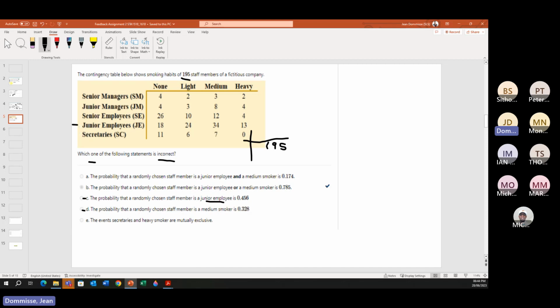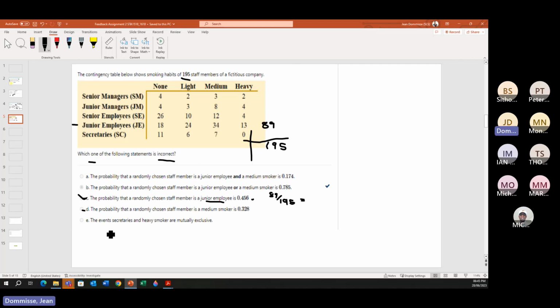So for junior employees we need to add those together: 18 plus 24 plus 34 plus 13, so 89 of them are juniors. To get to the answer, it is 89 divided by 195, which gives us 0.456, which is correct. We're looking for the incorrect one.